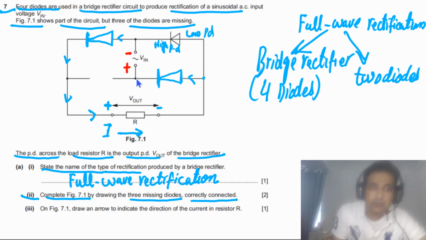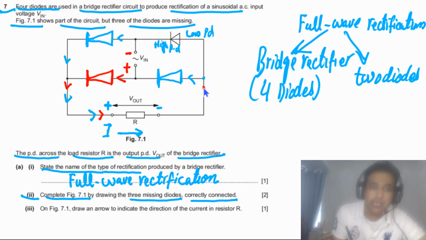So if this is positive, current cannot go this way because this is connected in reverse direction. So current has to pass through this one. So this has to be in forward direction, so we can draw a diode here. So current will flow this way, and then current enters from here and passes through this. So it means this direction is right.